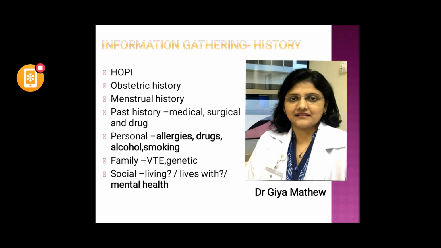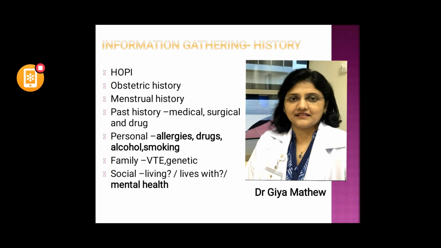In the past obstetric history, mainly the mode of delivery, any miscarriages, ectopic, all these things you will ask. And depending upon the case, the birth weight, the complications, anything in the antenatal, peripartum, or postpartum period, breastfeeding, all these things you can go into detail.